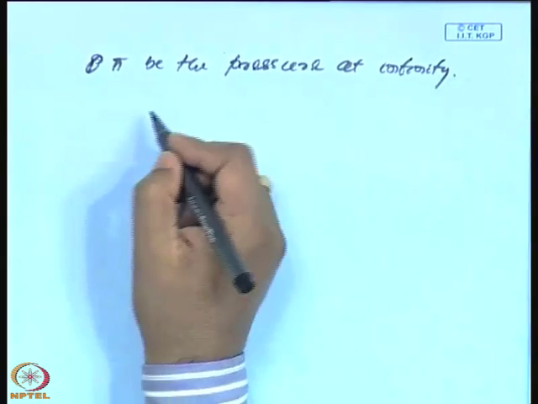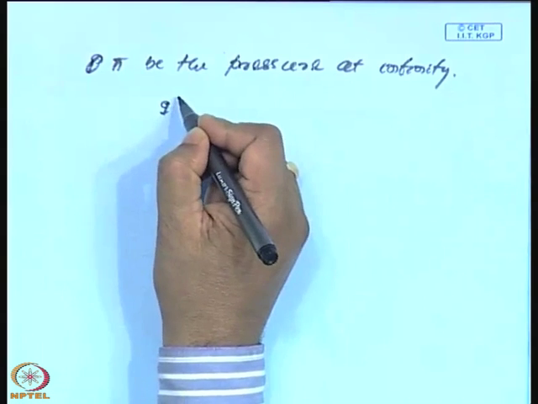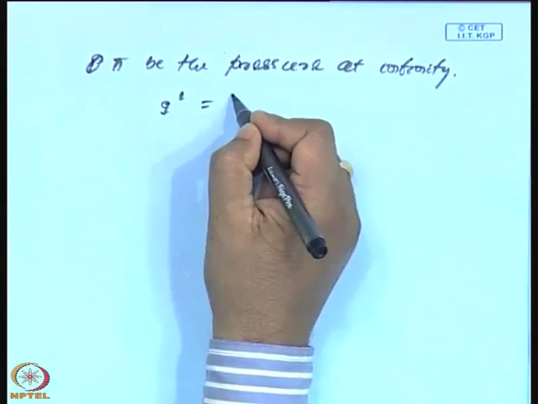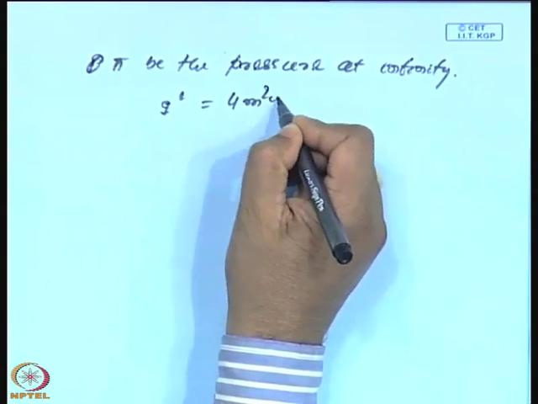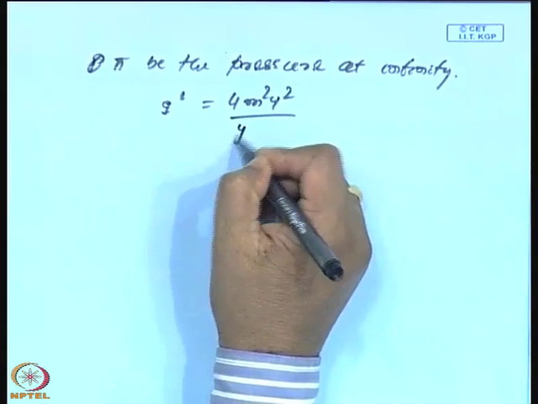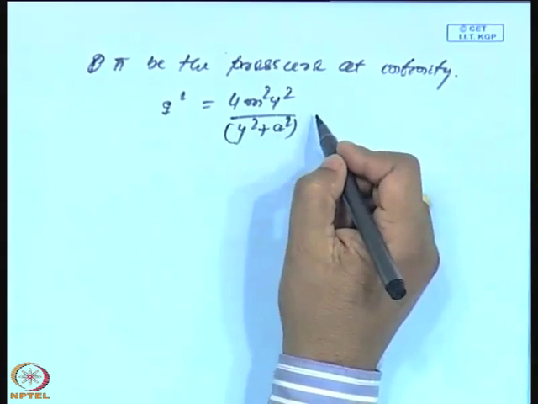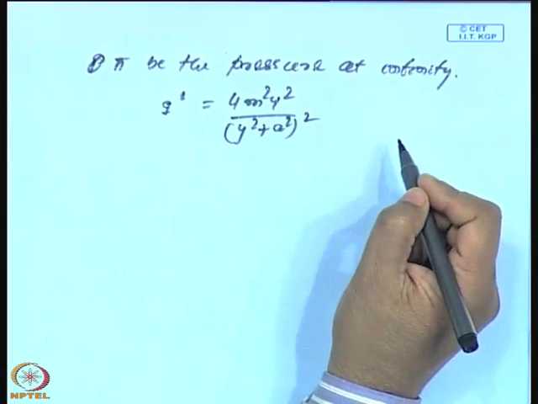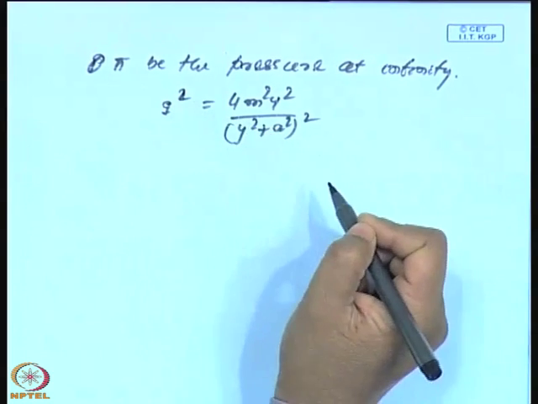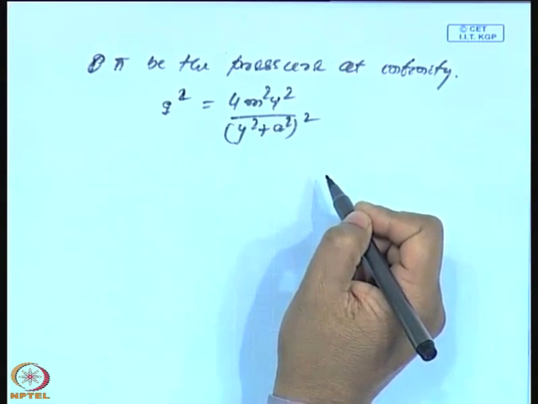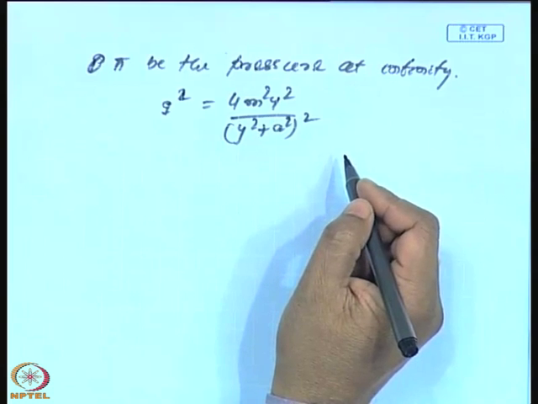from our relation we have seen q square is equal to 4m square y square by y square plus a square, square. So q, at infinity the speed will be 0.